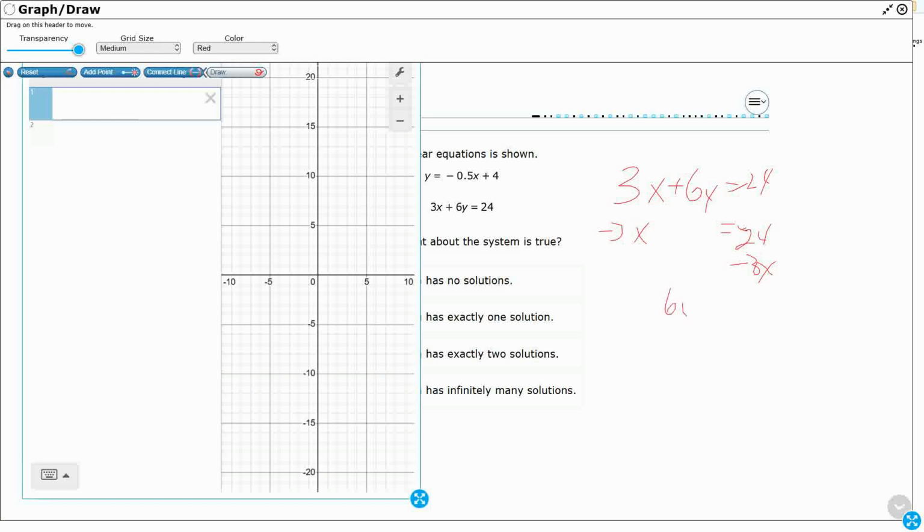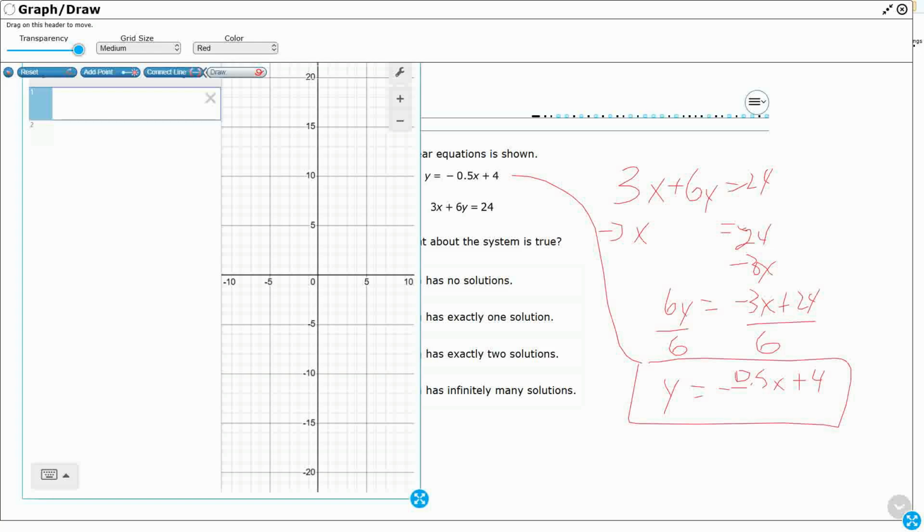So it's going to be 6y equals negative 3x plus 24. And then we just need to divide by 6. So that's going to be y equals negative 0.5 or negative 3/6x plus, and then we get that 4 right there.